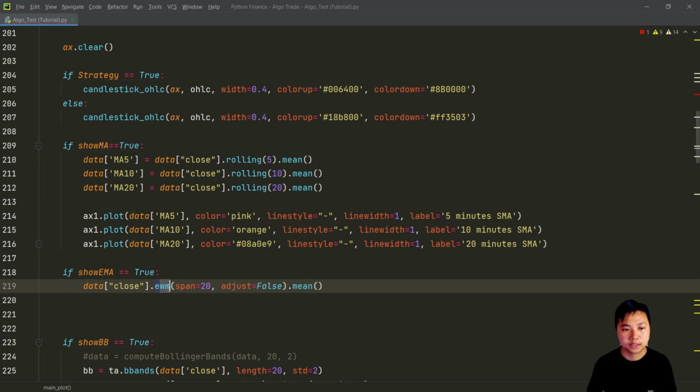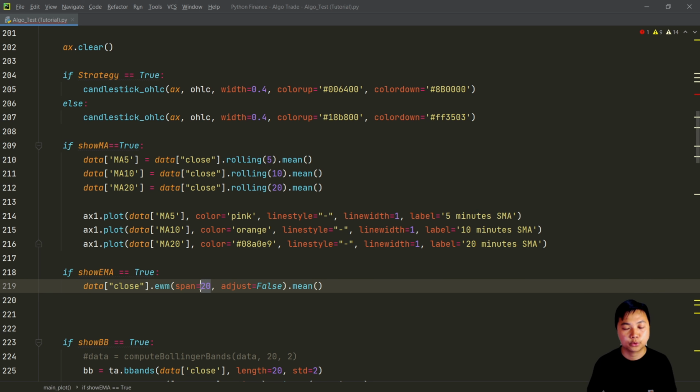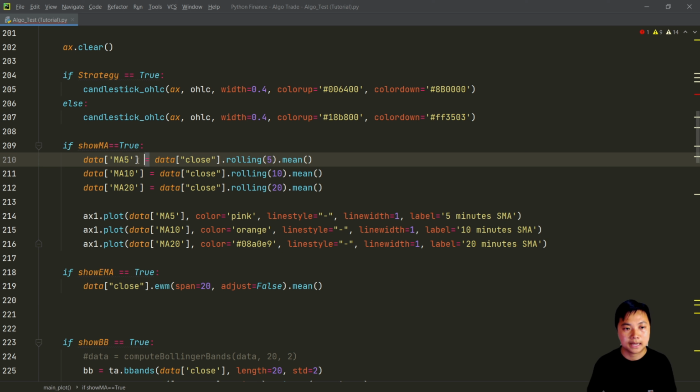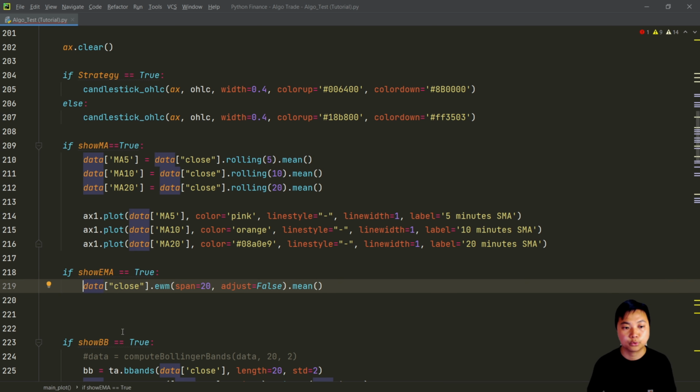For this one, the EWM is the function for the EMA, and then the span is 20 data points, which is commonly used by traders, and adjust equals to 4, and then we'll take the mean. That means we are going to have a 20 periods EMA. So I will just rename it as EMA 20 periods.